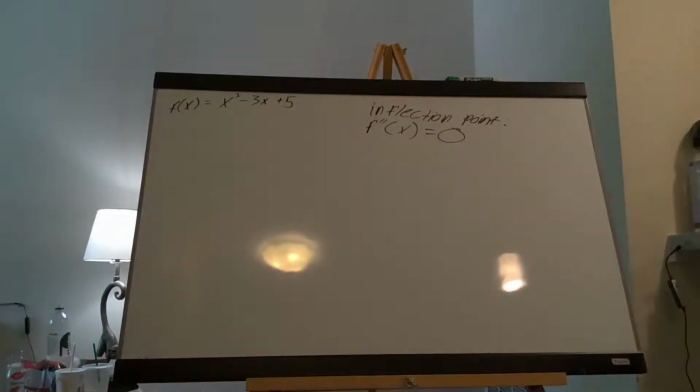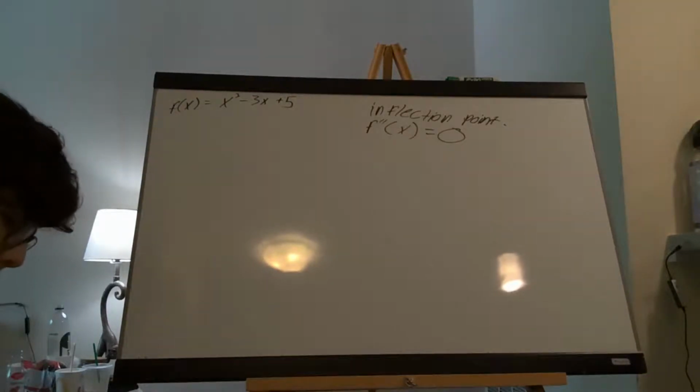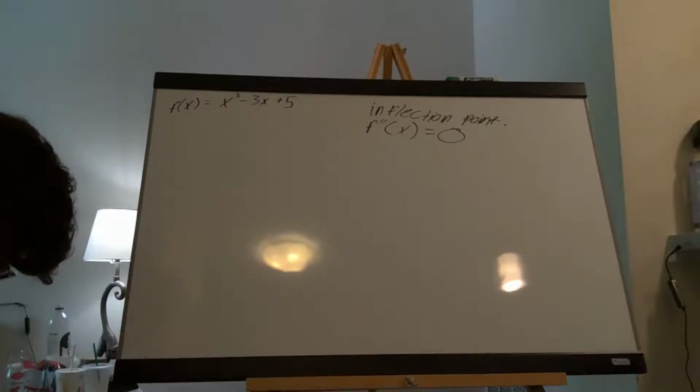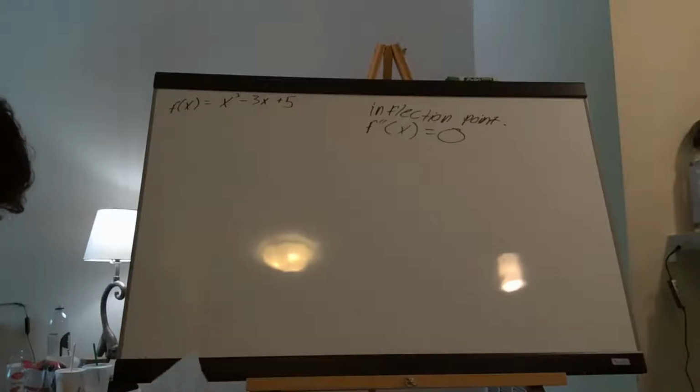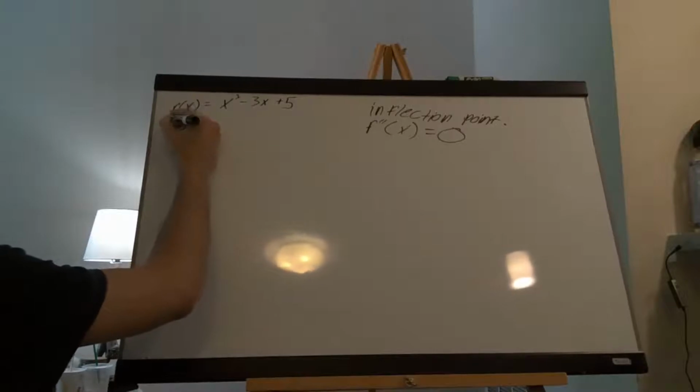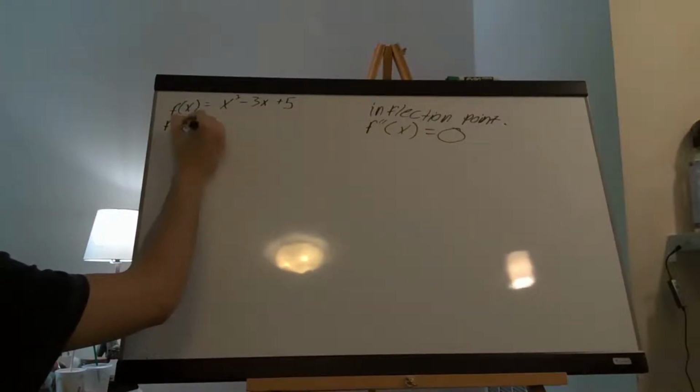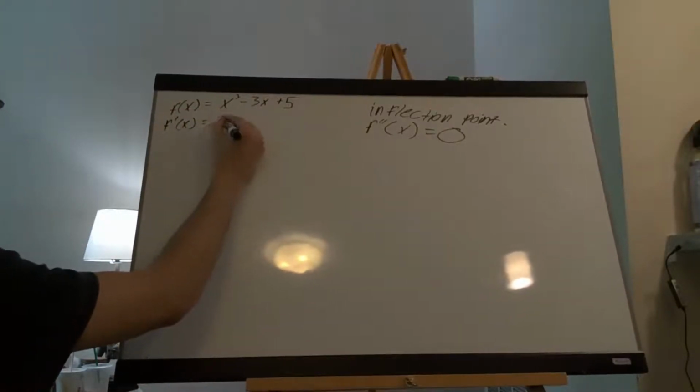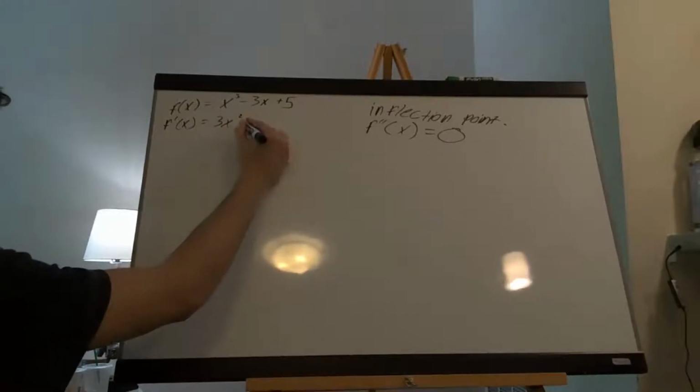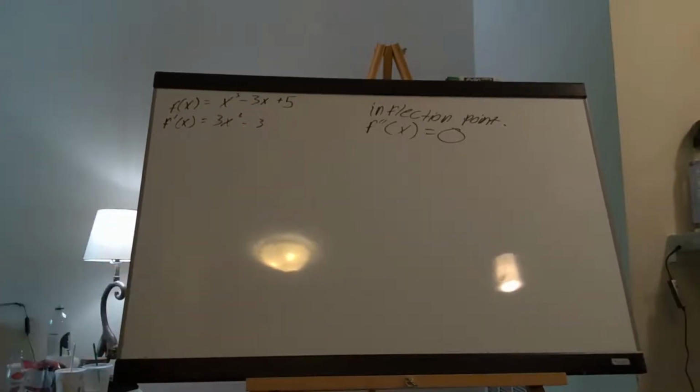Okay, so now what we're going to do is, let's see, I guess we can take the derivative. f prime of x is equal to 3x squared minus 3.